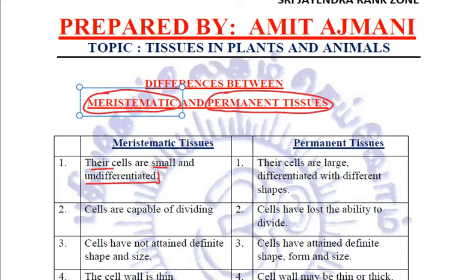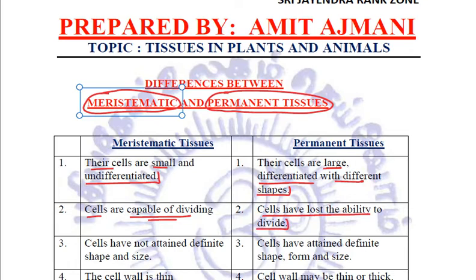But when we talk about the permanent tissues, their cells are large, they are differentiated with different shapes. They have got a fixed shape, a fixed purpose, a fixed function. The cells of the meristematic tissue are capable of dividing. That is what their role is, that is what their function is. But the cells of permanent tissue have lost the ability to divide.